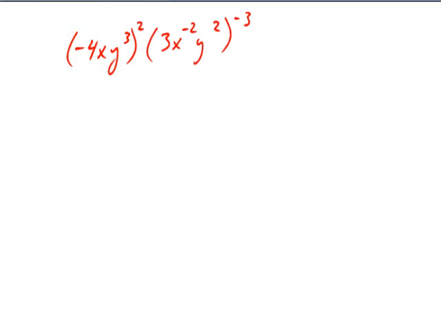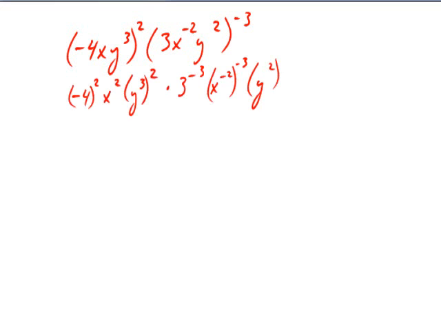Well, using the rules of exponents, I can take negative 4 and raise it to the second power, raise x to the second power, and raise y cubed to the second power. I can also raise 3 to the negative third power, x to the negative second to the negative third power, and y squared to the negative third power.